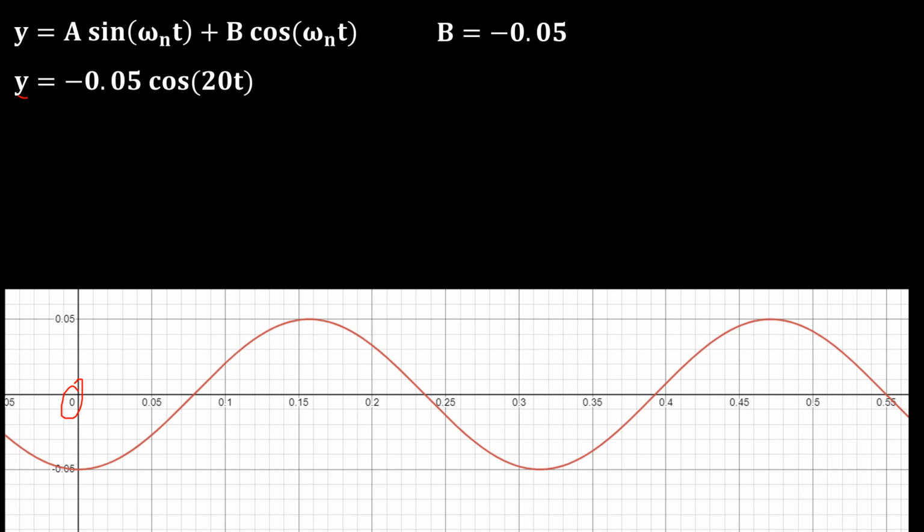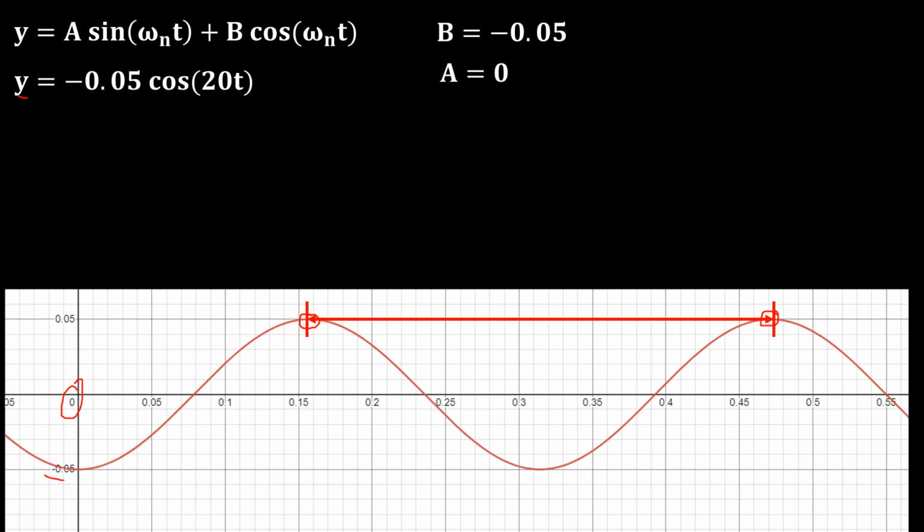This thing got stretched upward, in the negative direction, that's why we have negative, minus 0.05. A is what? 0. So here we can find again the time. So it starts in here and completes one cycle and comes back to its position in here, going back and forth. And now this one completes one cycle.